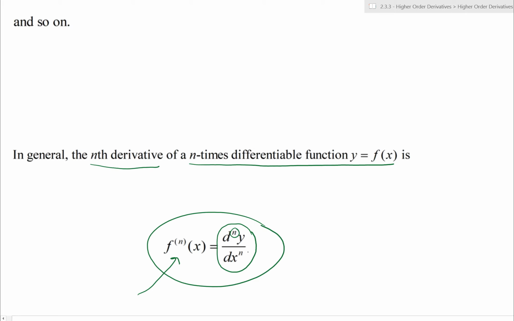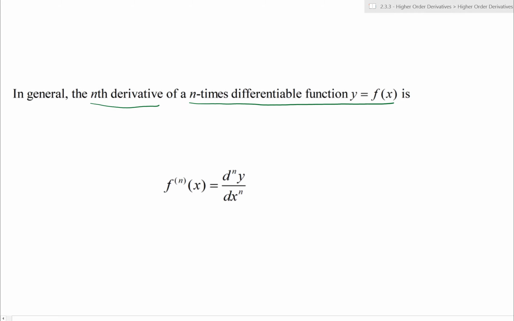So put that little n on the d as a superscript and the n on the x as a superscript, and that is telling us we have differentiated the function y as f of x n times with respect to x. So we should know both notations because they appear in various situations.